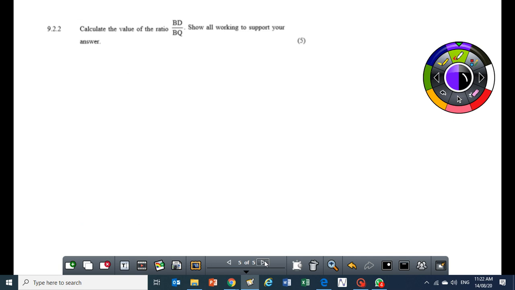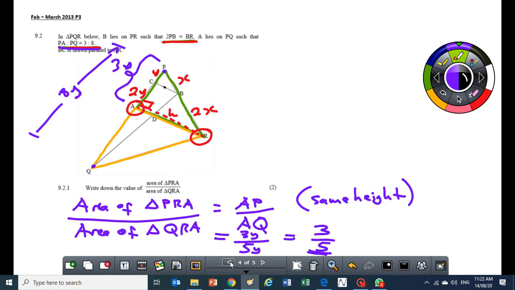The next question: the value of the ratio of BD over BQ, show all your working to support your answer. So we want the value of the ratio BD over BQ. So we go back to our diagram. We need to identify our two lengths, that is BD and BQ.